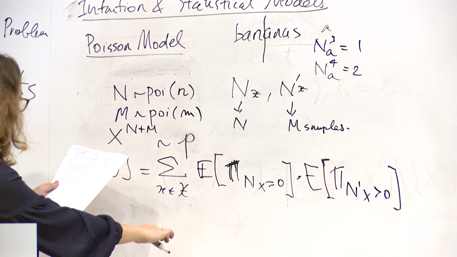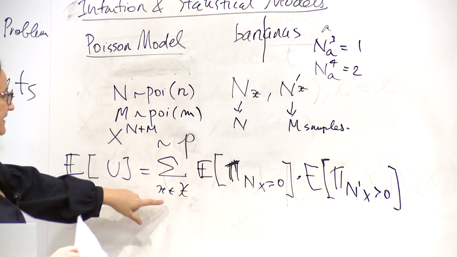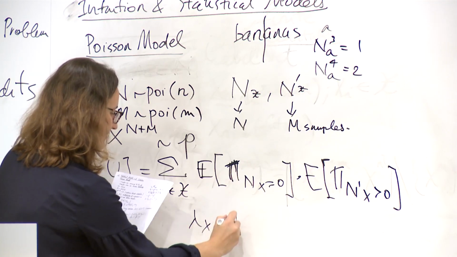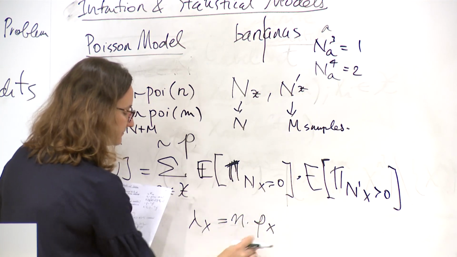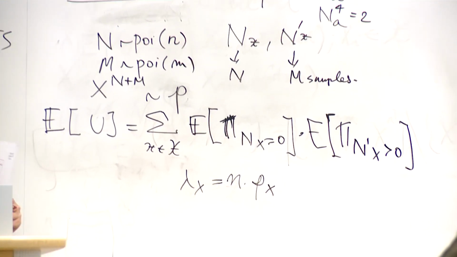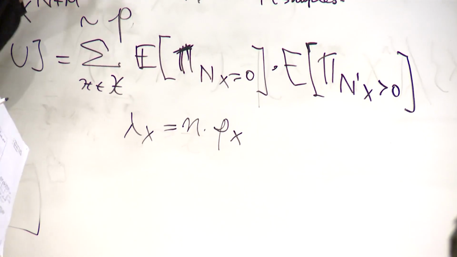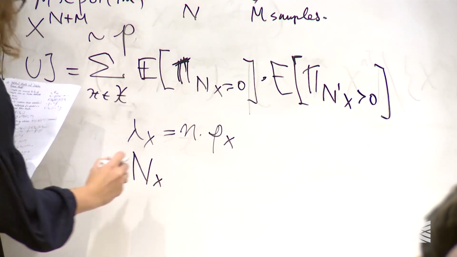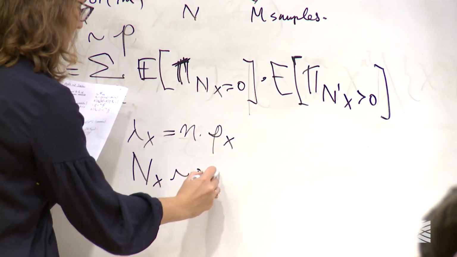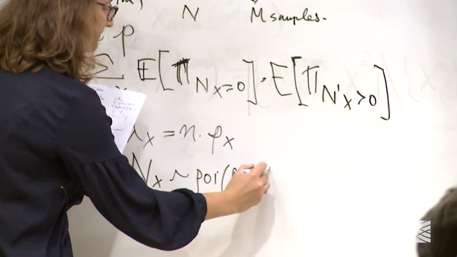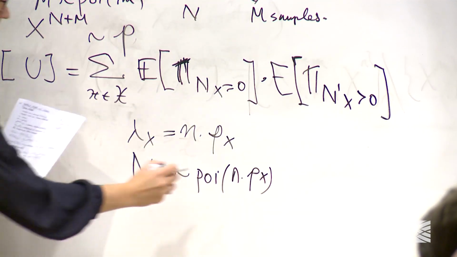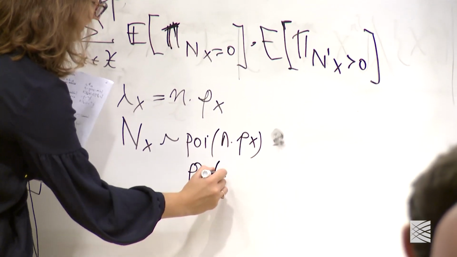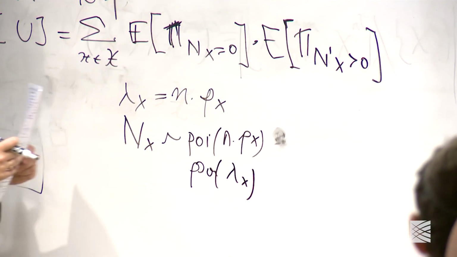All right, so basically, if we define lambda x to be n times p_x, where p_x is the probability of seeing label x, you can trust me that n_x is distributed as a Poisson with parameter n p_x, which is equal to a Poisson with parameter lambda x.